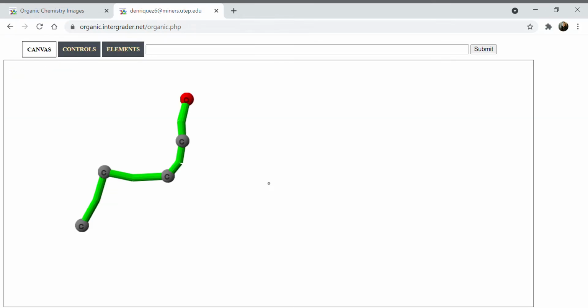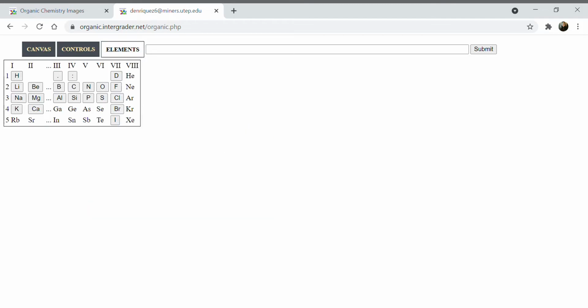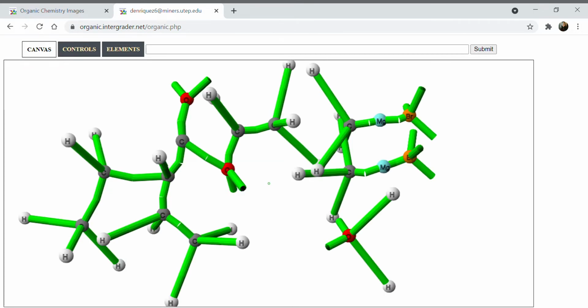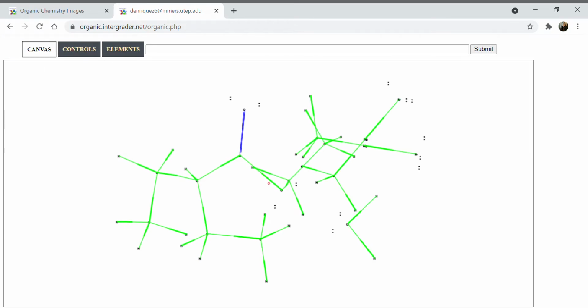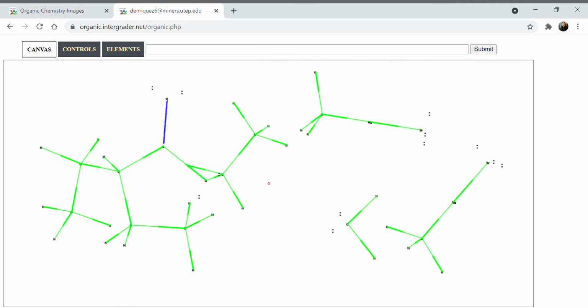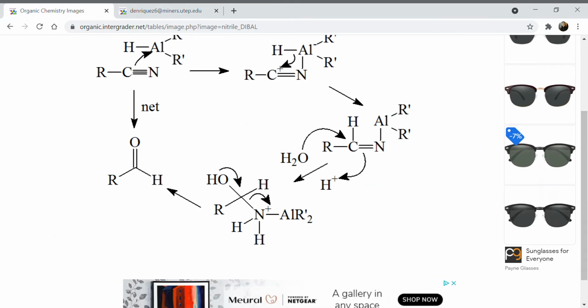I'll do it really quick. Ethyls. I had my water, my magnesium, and my bromine. Add my hydrogens and hit arrange and fit. Move this. Okay, so sorry about that. Let's see if I can check on the chart.